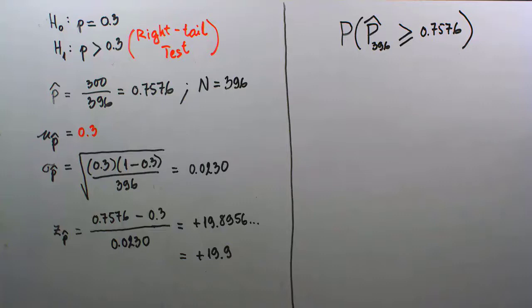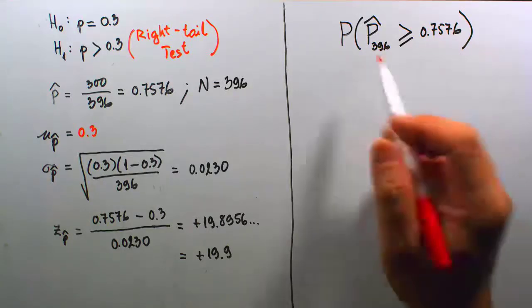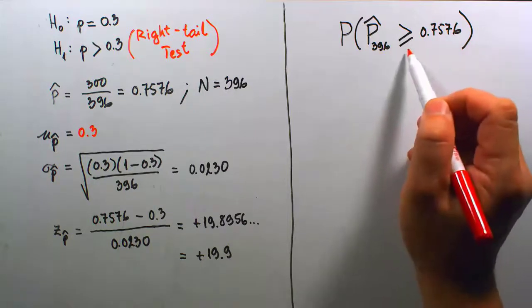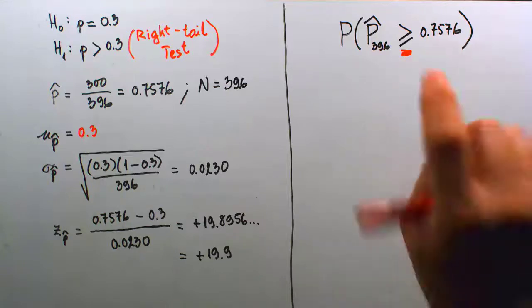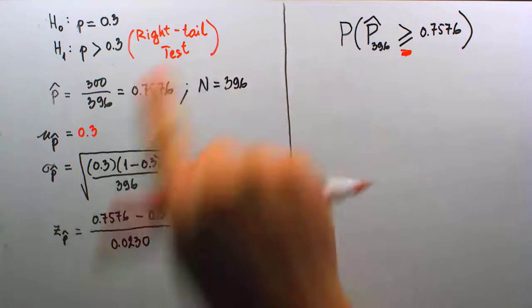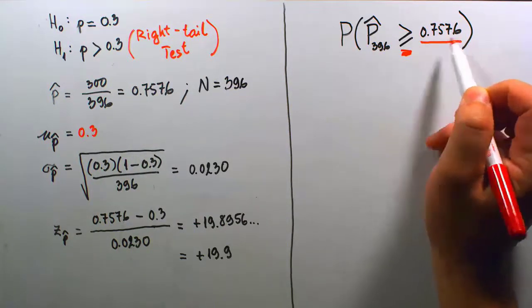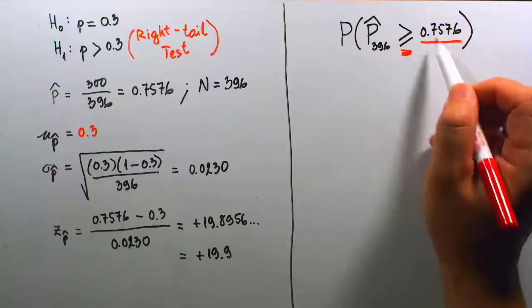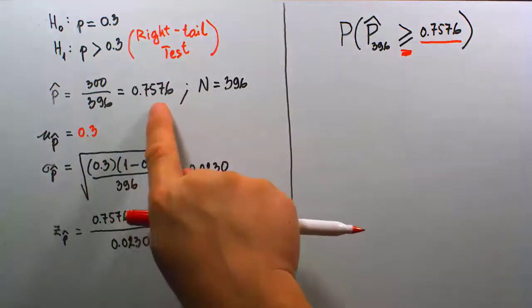And another consistency checkpoint right here. The way I set up my probability problem here, P in parentheses, I want to use the right hand side inequality, the inequality that points to the right, to make it consistent with the fact that our test is a right tail test. And we are using our sample value, so we want our inequality to be greater than or equal to 0.7576.